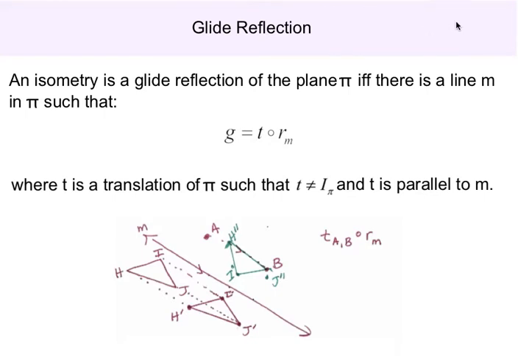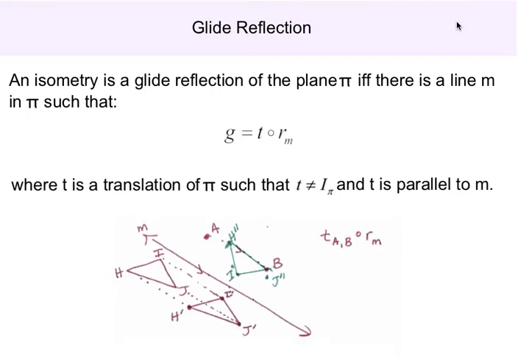The next type of transformation I'd like to discuss is called a glide reflection. A glide reflection is an isometry if and only if. Let's start over. An isometry is a glide reflection of the plane pi if and only if there is a line M in pi such that G is equal to a translation composed with a line reflection.